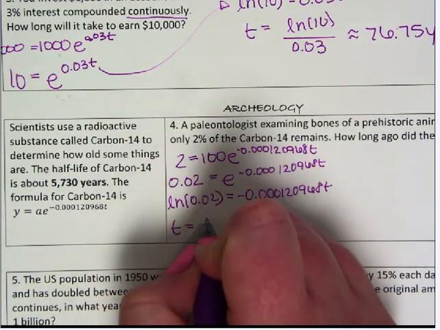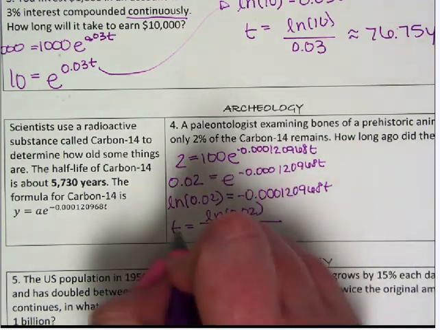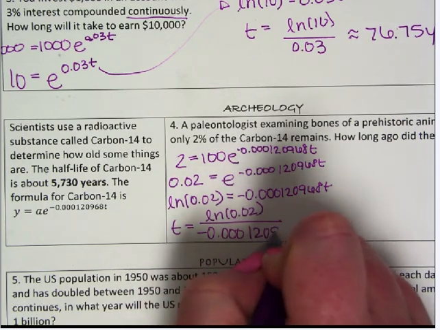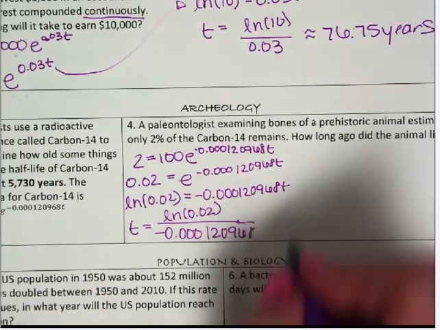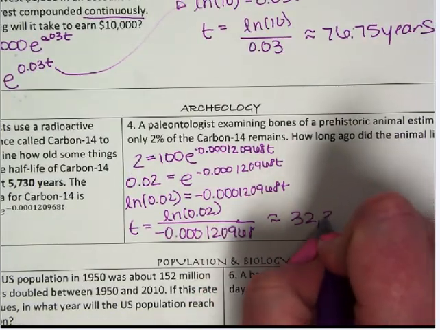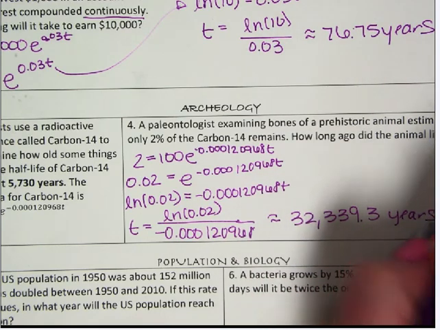So t is the natural log of 0.02 divided by negative 0.000120968. And you're going to get about 32,339.3 years.